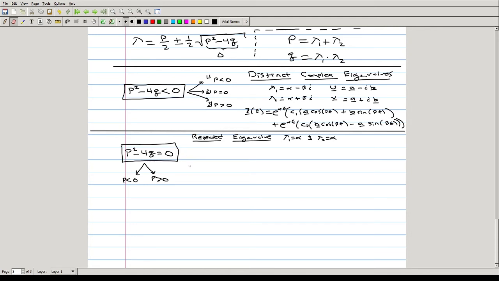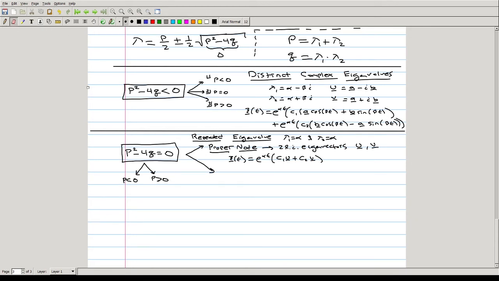If we have two linearly independent eigenvectors for that one eigenvalue, the critical point is called a proper node, because the solution is of the form xi of t is equal to e to the alpha t times c1 times u plus c2 times v, where u and v are the two linearly independent eigenvectors.